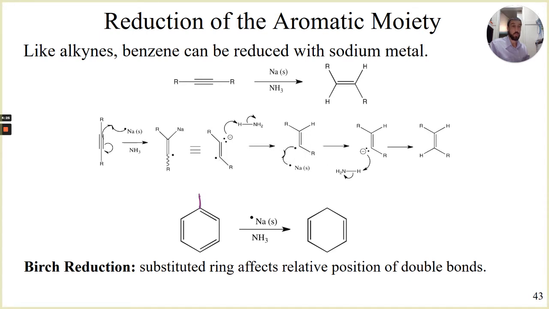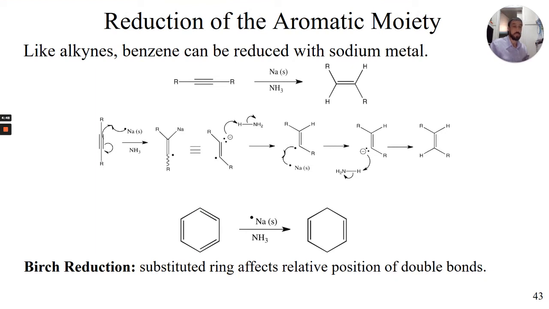If I put a CH3 on there, not all of those double bonds are identical, which then means which double bond or which pi position is most likely to react. That process is very similar to our EAS, in that what we're looking at is how we stabilize those intermediates.